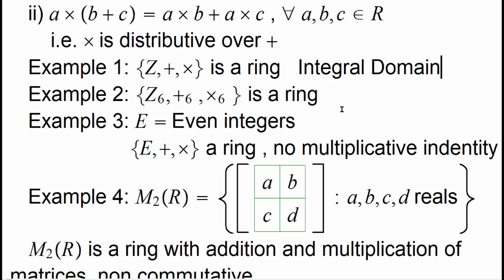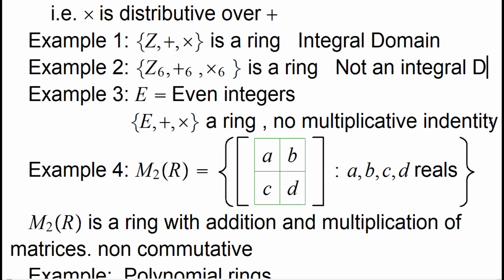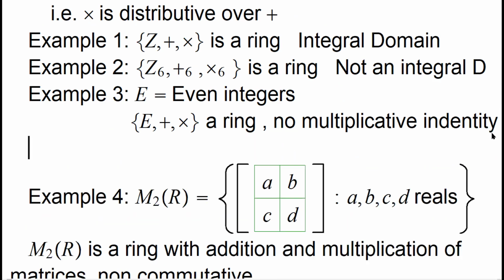Z is an integral domain. Z modulo 6 is not an integral domain, right? Okay. And if we look at the even integers, it doesn't have any multiplicative identity. So this is not an integral domain by this criteria.